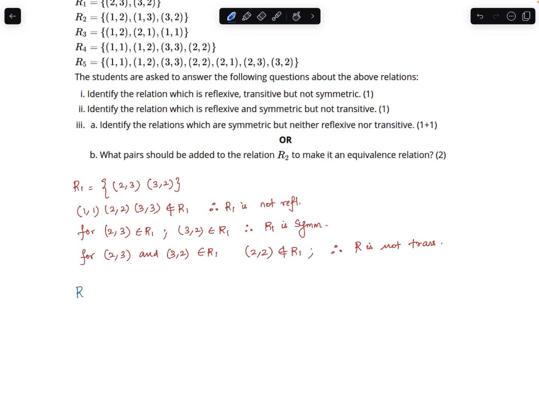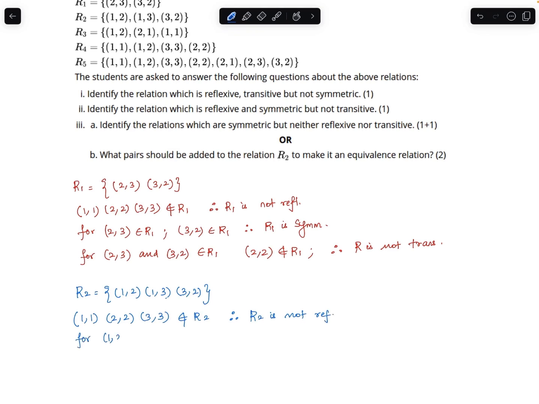The relation R2 is a set of ordered pairs 1, 2, 1, 3 and 3, 2. The ordered pairs 1, 1, 2, 2, 3, 3 are not there in R2. Therefore, R2 is not reflexive.